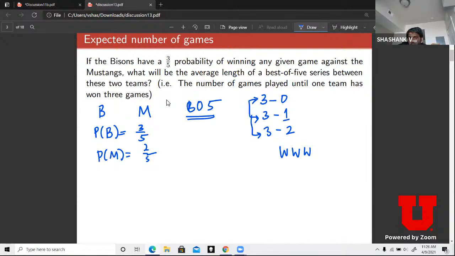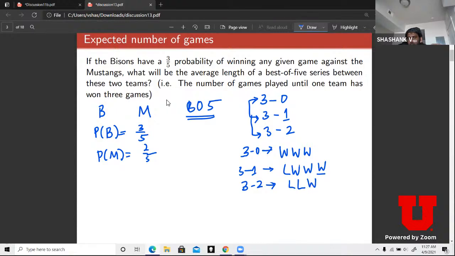So for 3 games, it will be all 3 victories by any team, 3-0. And when would we be getting 3-1? That would be a loss, a win, and the last one to be a win. And when would we be getting a 3-2? That would be 2 losses and then a victory.